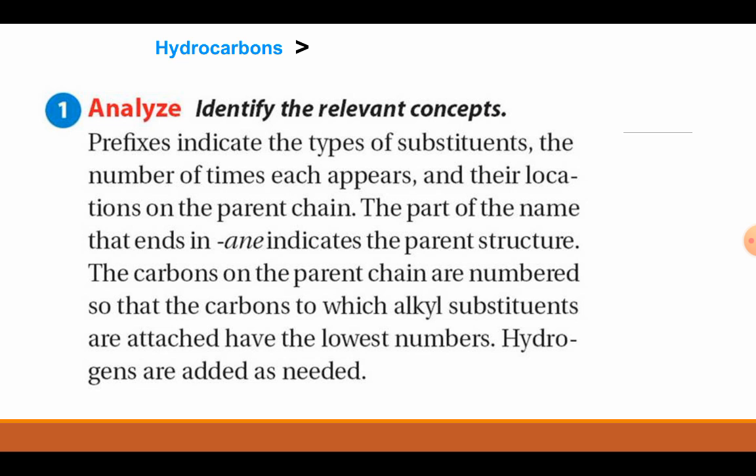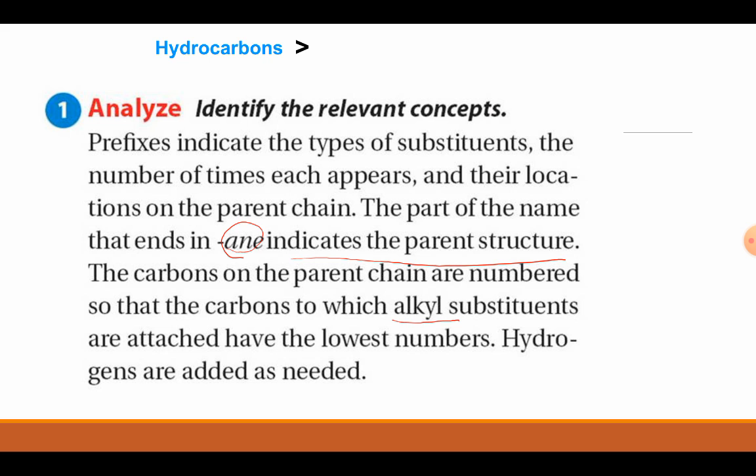The parent of the name, the part of the name that ends in "ane", indicates the parent structure. So if you found the "ane," that represents what? The parent chain. By the way, you can find it by the end of the name. The carbons on the parent chain are numbered so that the carbon to which alkyl substituents are attached have the lowest number.